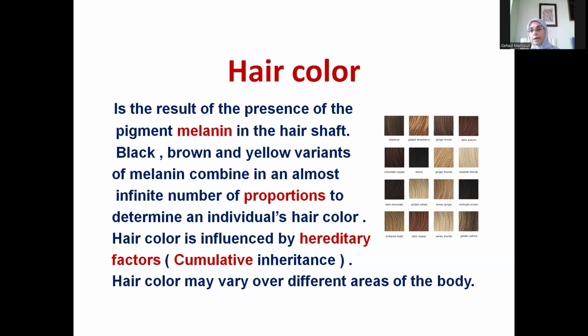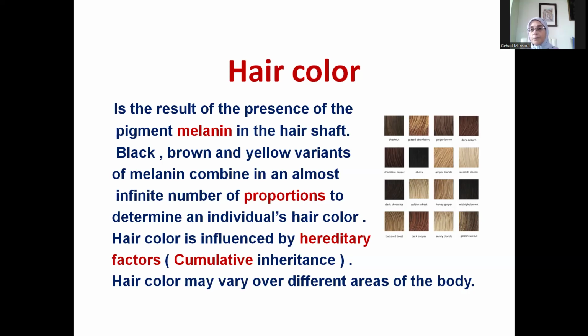For example, exposure to the sun, exposure to chemicals in swimming pools. You know that some chemicals in swimming pools decolorize the hair and make it more or less, I can't say blonde, but more or less yellow. So exposure to chemicals affects the hair color. Exposure to the sun affects hair color. Genes affect hair color.